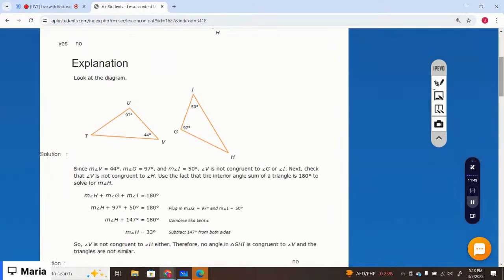Angle V equals 44, angle G equals 97, and angle I is 50 degrees. Angle V is not congruent to angle G. So they are not similar.